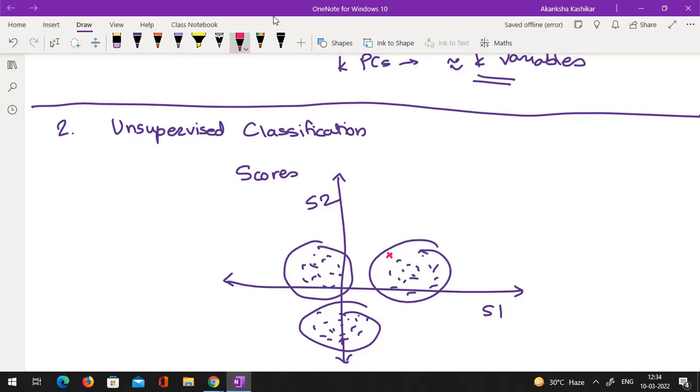I think initially in the earlier lectures I gave you an example of paper wasps, right? So in ecology, people studied paper wasps, and just like honeybees, paper wasps also have different categories: queen wasp, and then workers and males, etc. When people collected data on their physical characteristics like head length, head width, body width, leg length, etc., they could see such three groups in the PCs, in the score plot.